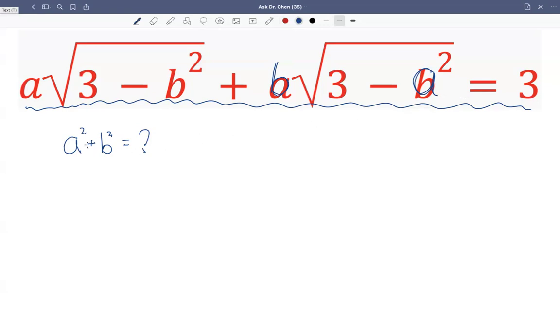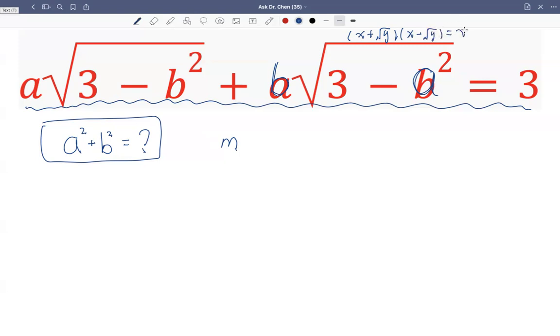So usually a question like this, we want to find out A squared plus B squared. Usually a question like this, we want to use the substitution method. So let's see. If we want to get rid of the square root, we want to use x plus square root of y multiplied by its conjugate, x minus the square root of y.